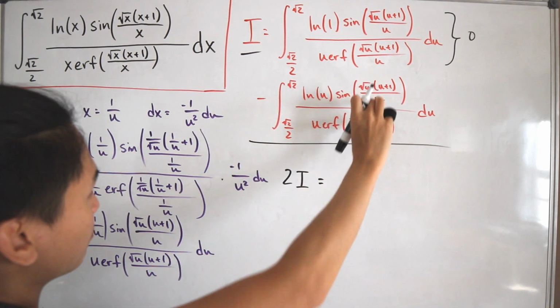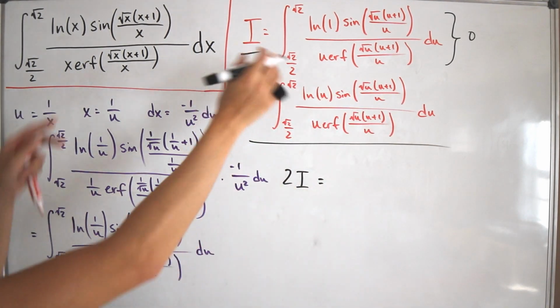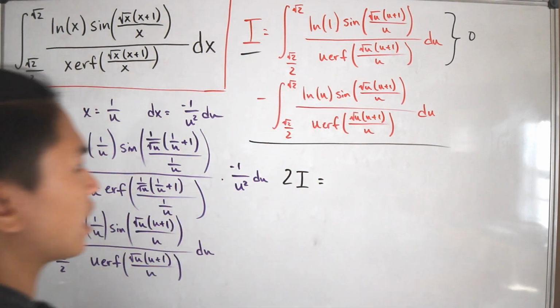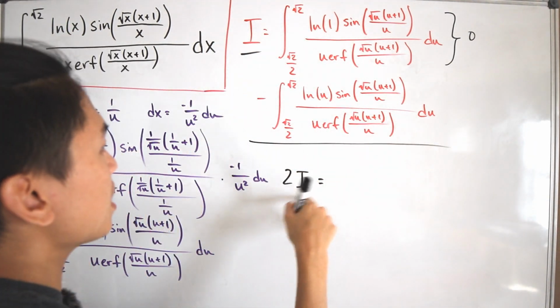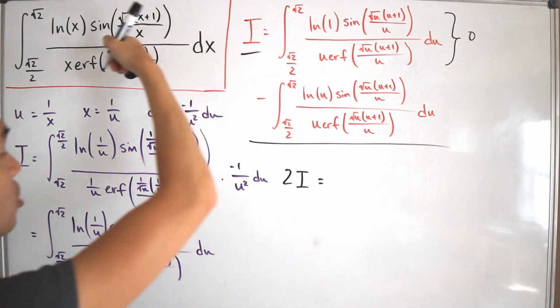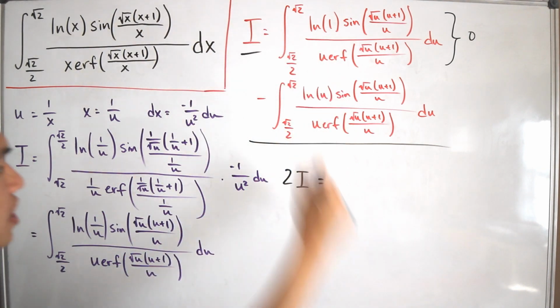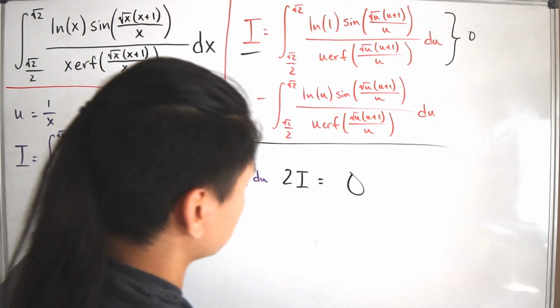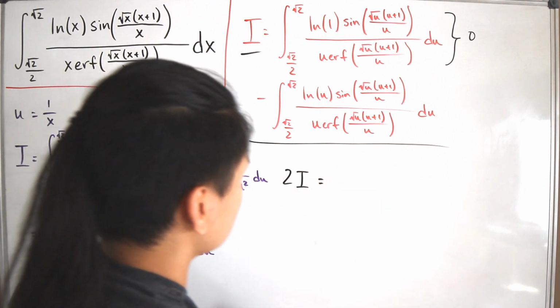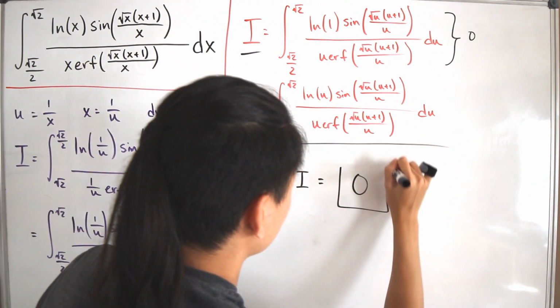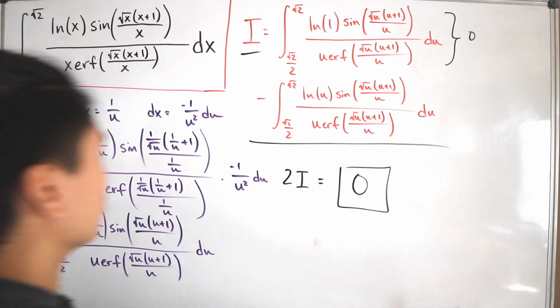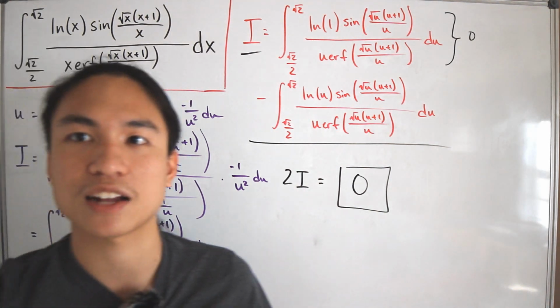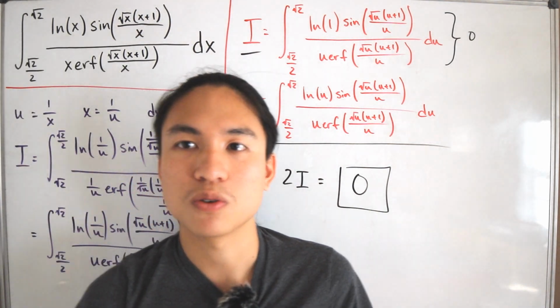And of course, this is a dummy variable, so it doesn't matter which variable we use. It's the same integrand, and you'll see that indeed 2I is equal to this I, then subtract this I, and so our final answer is that this is going to equal 0, which concludes the final answer of our given integral. Solved quickly just like that. So yeah, that's pretty cool if you ask me.